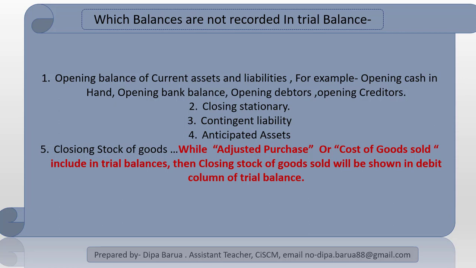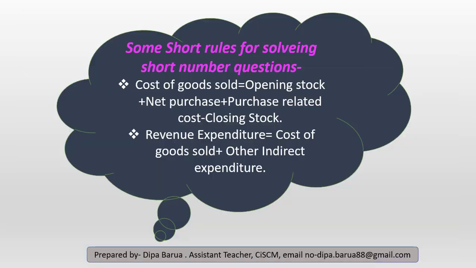And 4, anticipated assets. Number 5, it's important. Everyone observe it, pay attention here. Closing stock of goods. When adjusted purchase or cost of goods sold is included in trial balance, then closing stock of goods will be shown in the debit column in trial balance.